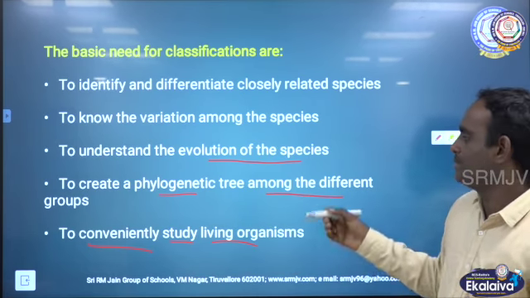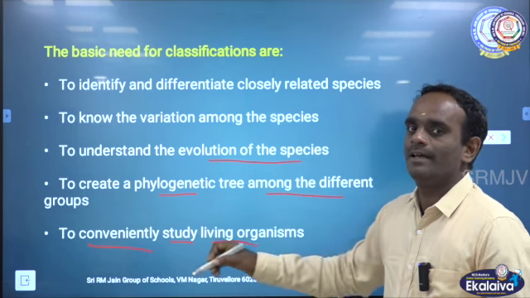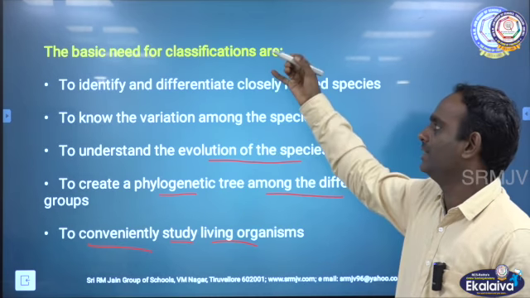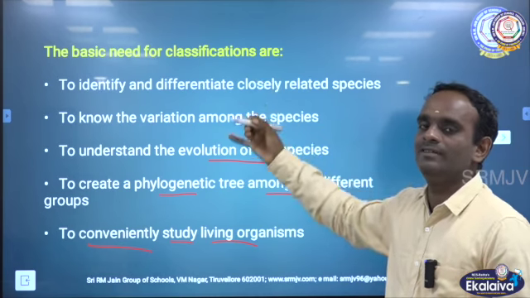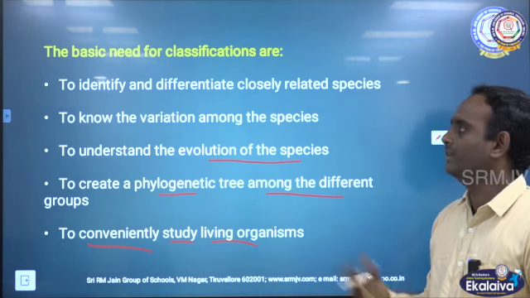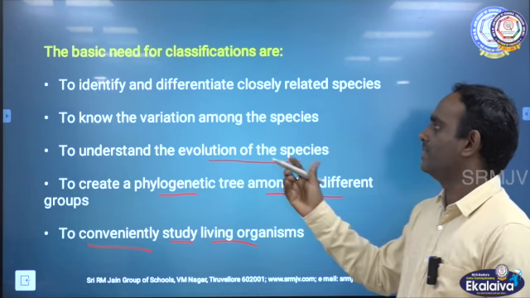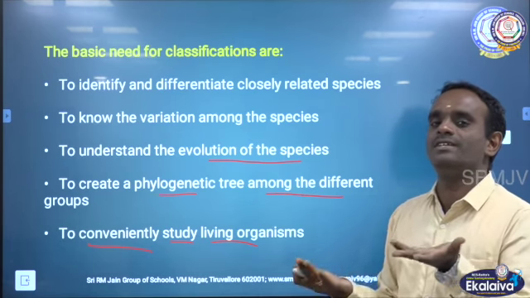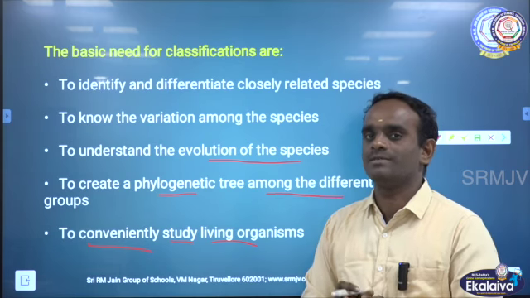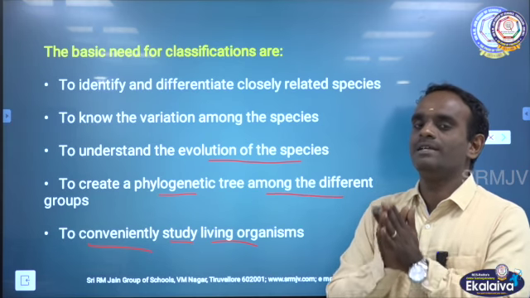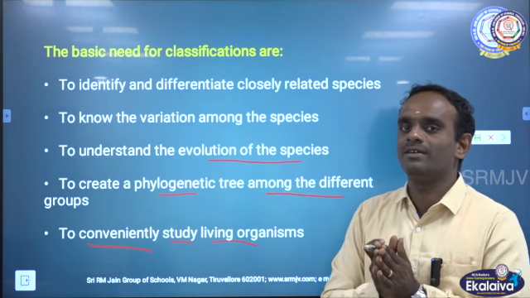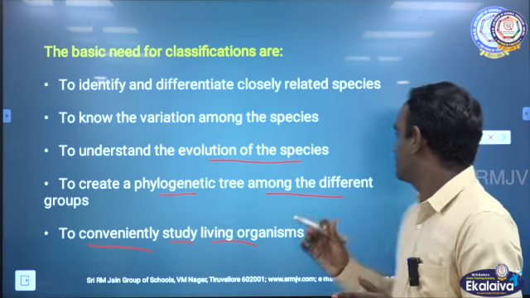So, it helps to study the living organisms. These are all the basic needs for classification. So, without classification we feel it very difficult to identify and differentiate a wide variety of organisms. Okay. So, classification is very important and it is essential to study the living organisms.